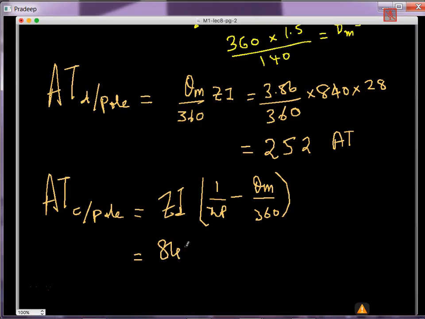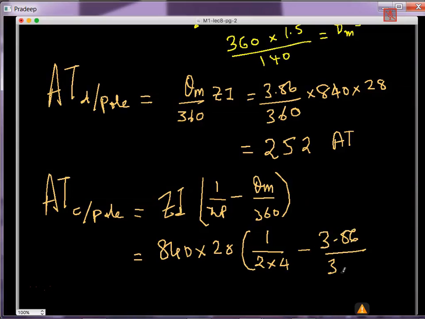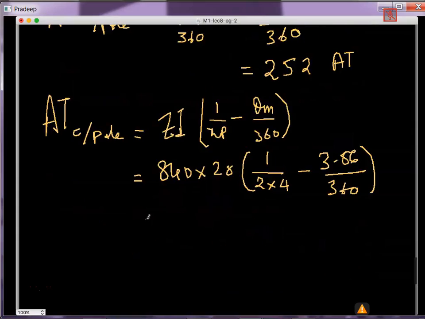That is 840 into 28 into 1 by 2 into 4 minus 3.86 divided by 360. Again this calculation comes out to be 2688 ampere turns. So thus we have solved the problem.